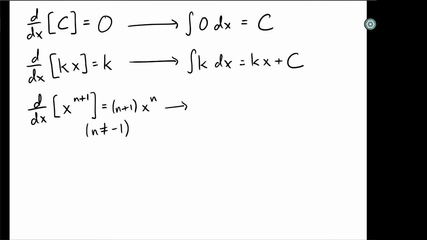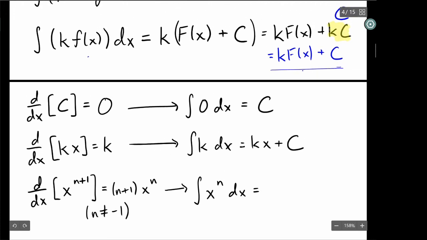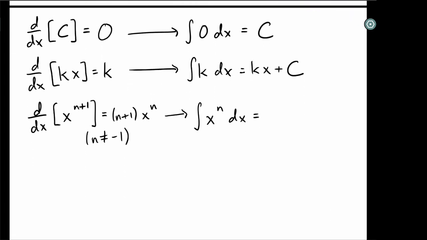So looking at this, I actually want to just look at, well, what's the integral of x to the n? Okay. So think of this rule we have over here. Right? If we integrate a constant times something, we just get k times that. So what that ends up meaning here, and this goes back to the first example we did, when we integrate this, we're actually going to add 1 to the power, okay?